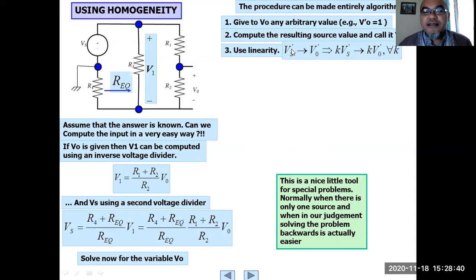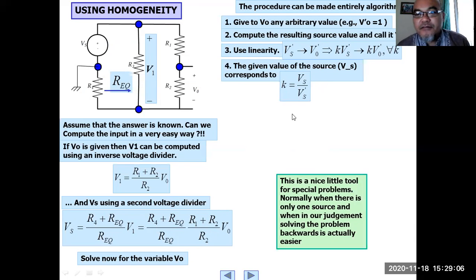Using linearity, from here we obtain Vs dash. If we know the V output dash, then we can obtain Vs dash as K times it. K here is a constant: (R4 plus R equivalent) divided by R equivalent times (R1 plus R2) divided by R2.